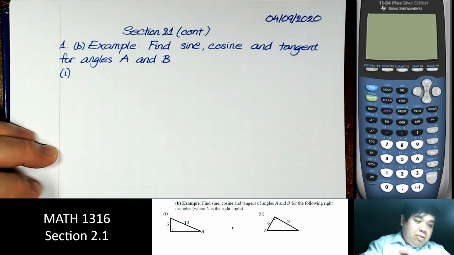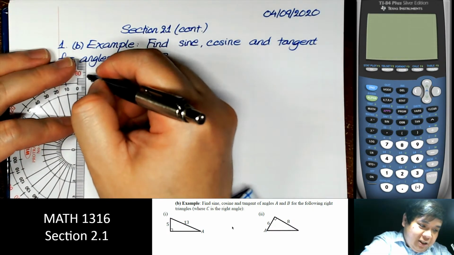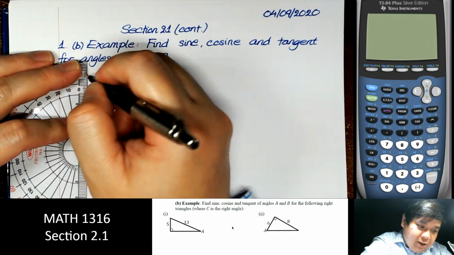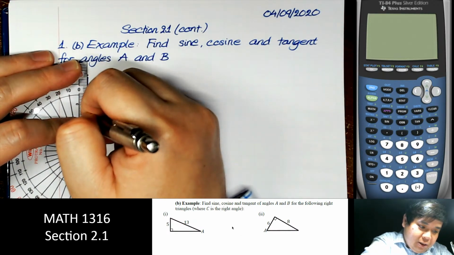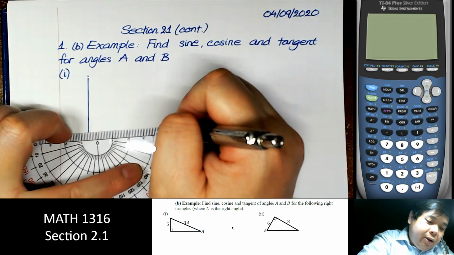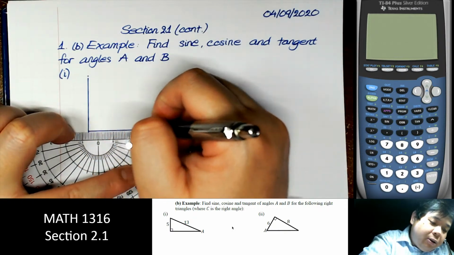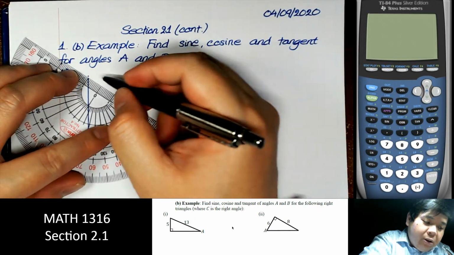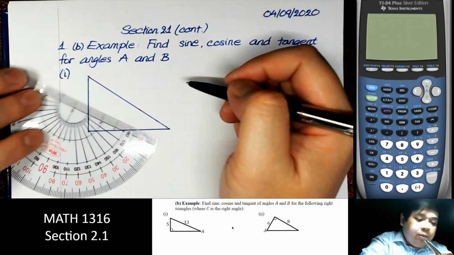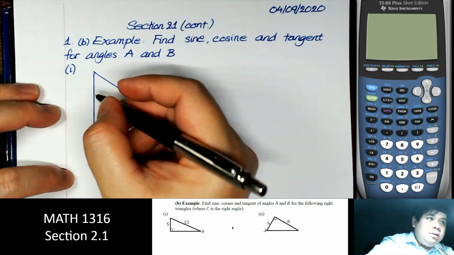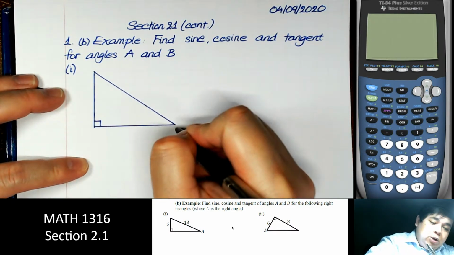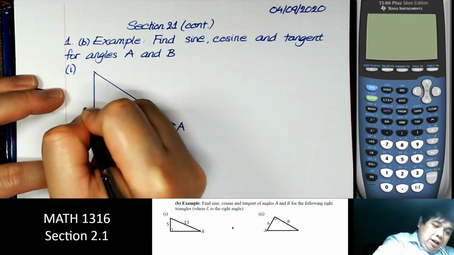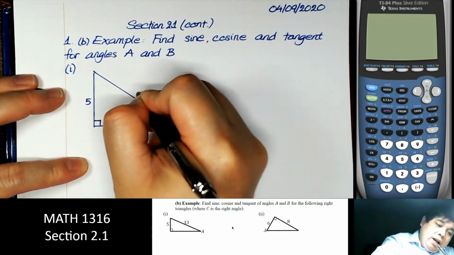All we have is a picture. So the angle here is A, with sides 5 and 13.